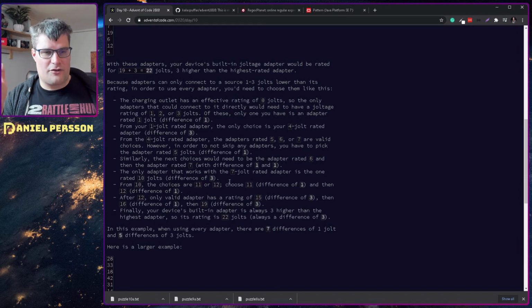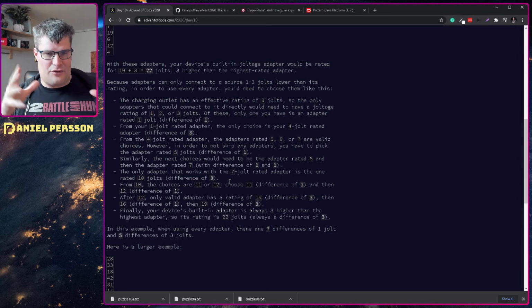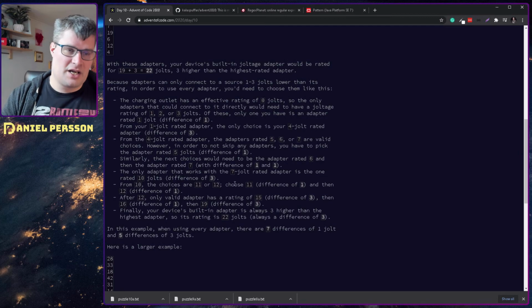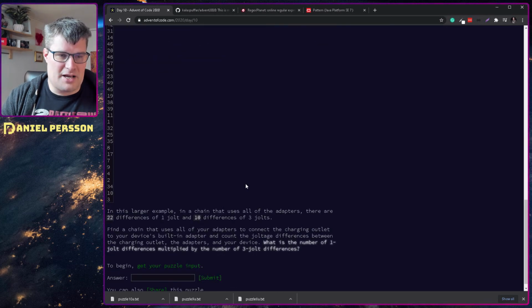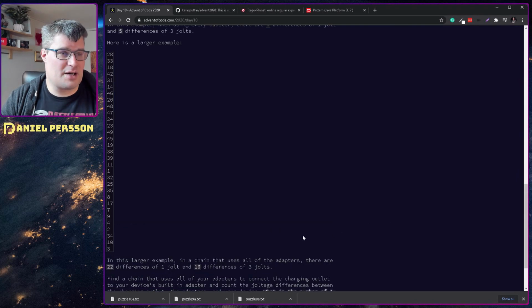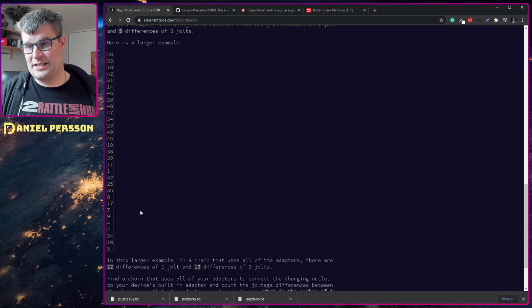What they are looking for is the number of differences of 1 jolt and of 3 jolts, and then they want you to multiply those answers. So what is the number of 1-jolt differences multiplied by the number of 3-jolt differences? That's what we need to figure out, and here we have a small list of adapters.